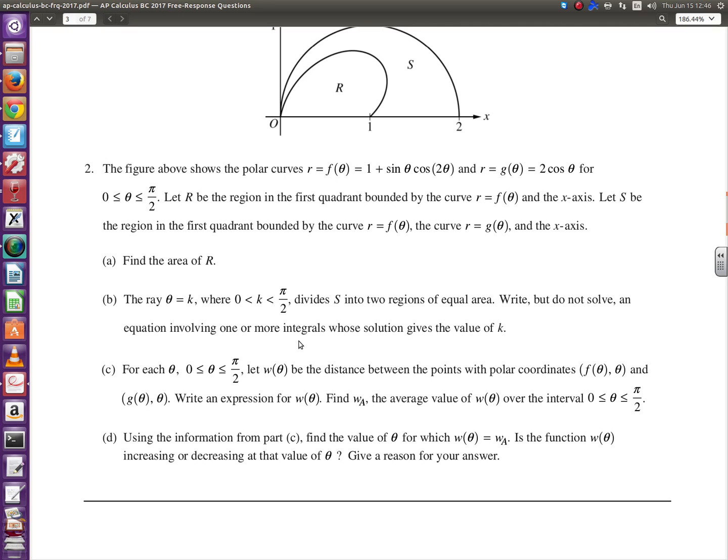Write an expression for w of theta, and find w of a, the average value of w of theta over the interval from 0 to pi over 2 radians. Well, the distance between those 2 points is just g of theta minus f of theta, because those are radial values, right? There's r equals g of theta and r equals f of theta, so the difference is the difference along the radii.